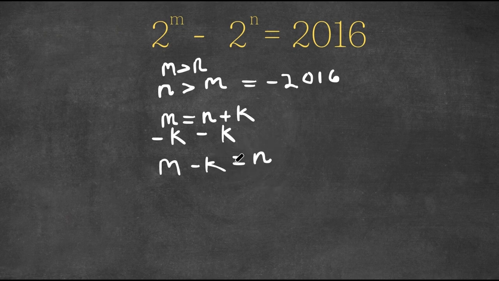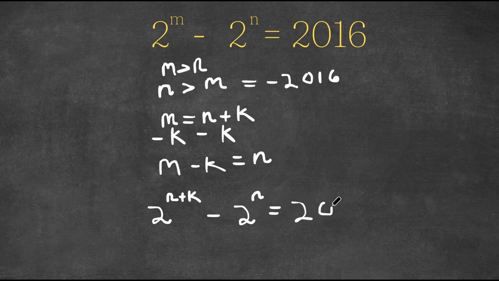So now I'm going to replace m with n plus k. So now we have 2 to the power of n plus k minus 2 to the power of n is equal to 2016.